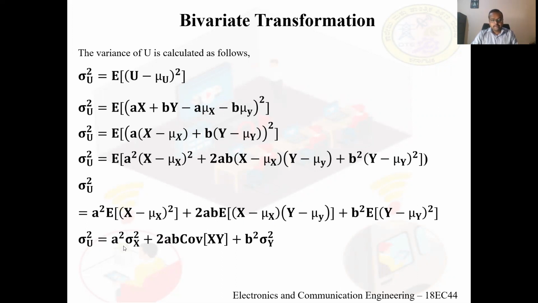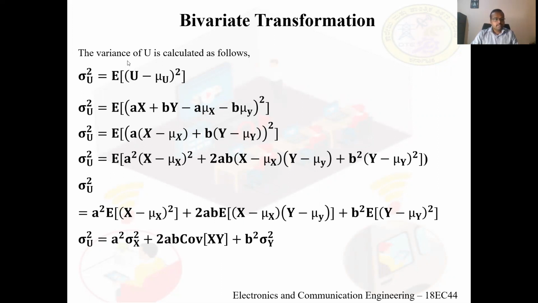It is nothing but the variance of x, so you can write it as a square sigma square x, plus 2ab. Now what is the expectation of x minus mu x, y minus mu y? It is nothing but the covariance of random variables x and y, plus, now what is this expectation of y minus mu y whole square? It is nothing but the variance of random variable y, sigma square y.